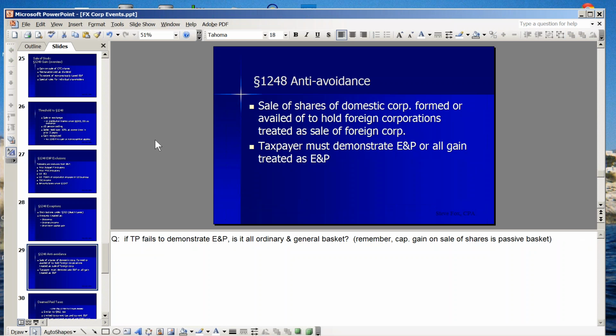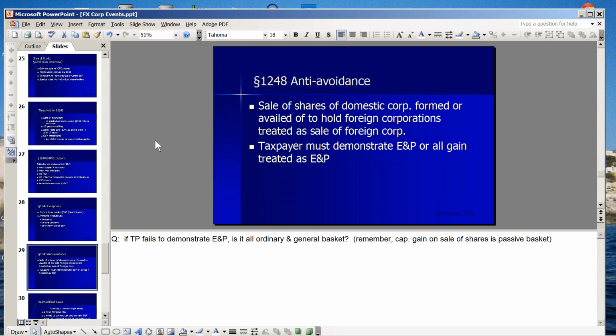There's a complex anti-avoidance rule in 1248 that says the taxpayer has to demonstrate what the earnings and profits of the foreign subsidiary is. Otherwise, everything is treated as distribution of E&P and a dividend.